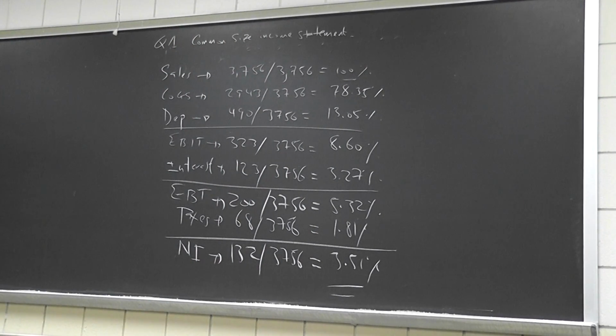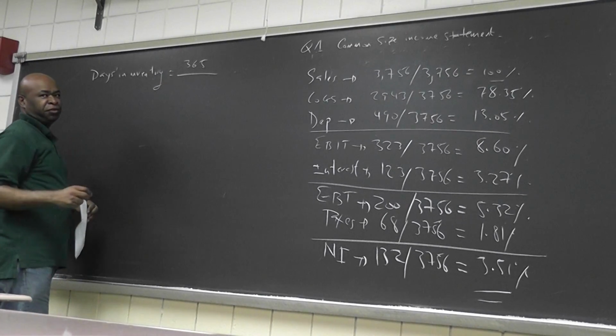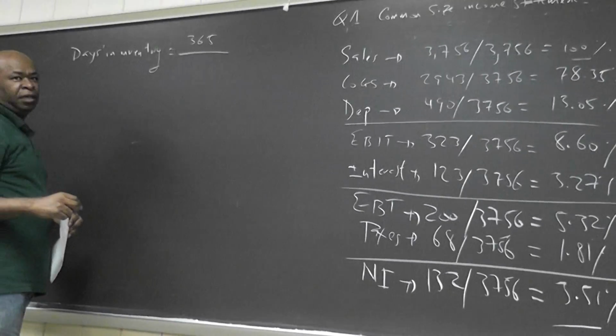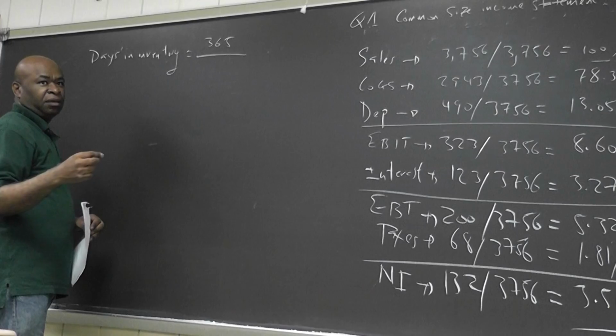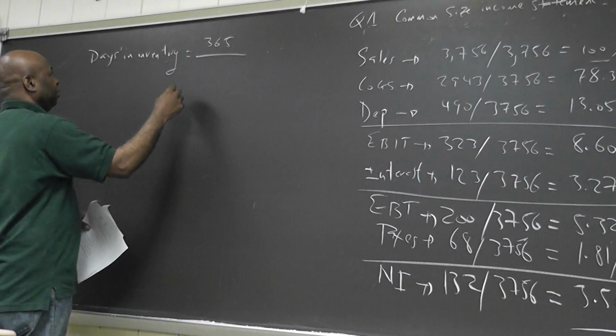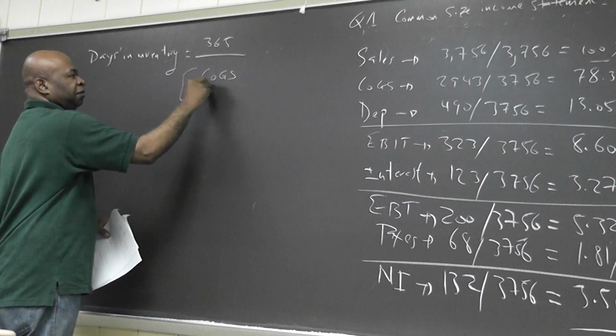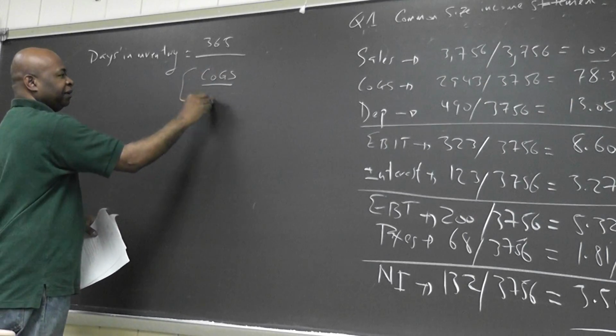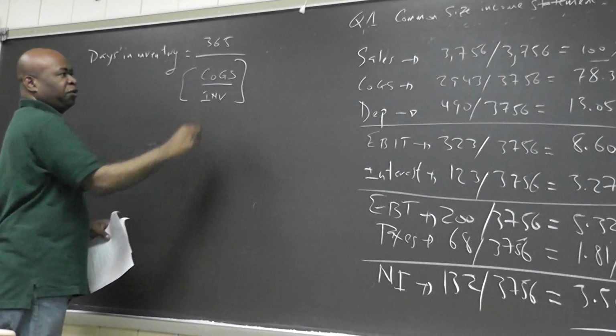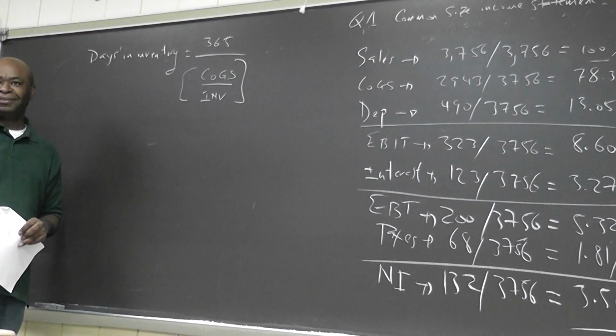Days in inventory is 365 over the inventory turnover. But how do we compute the inventory turnover? It's the cost of goods sold divided by inventory. That's pretty much how you could also show your work, right? Does that make sense? Yes.